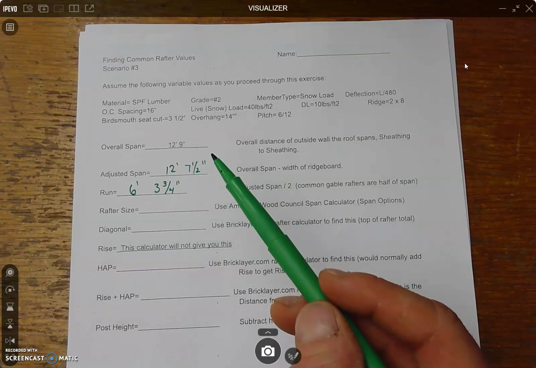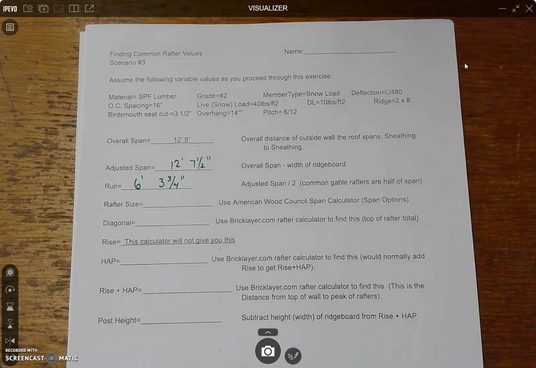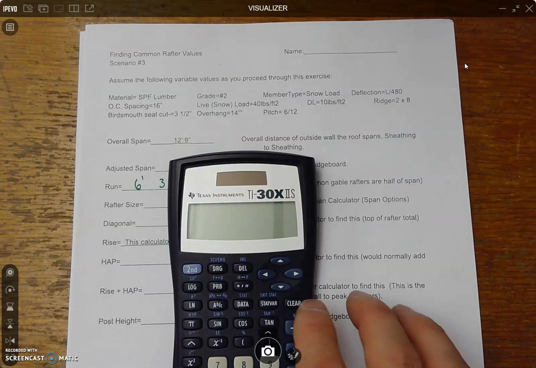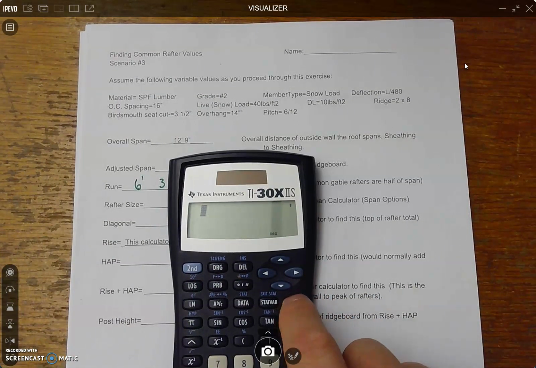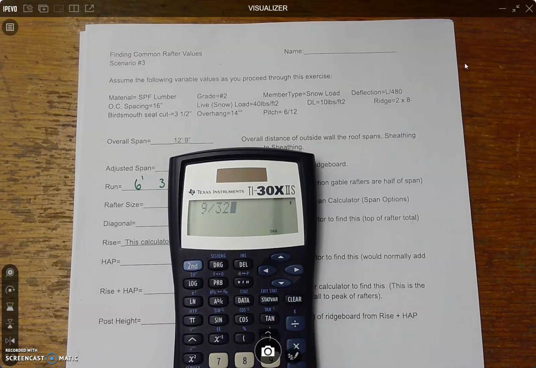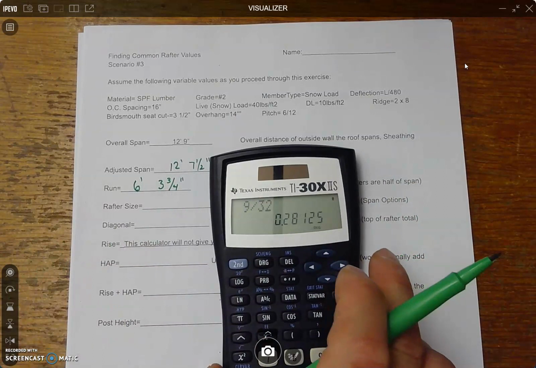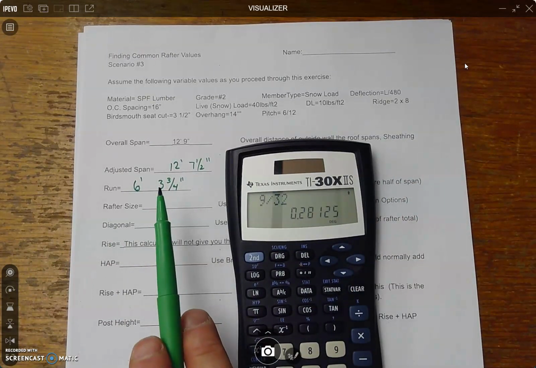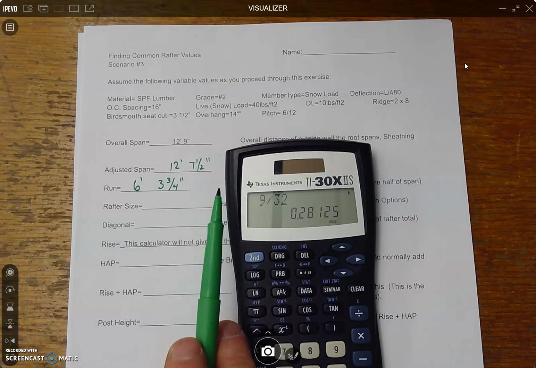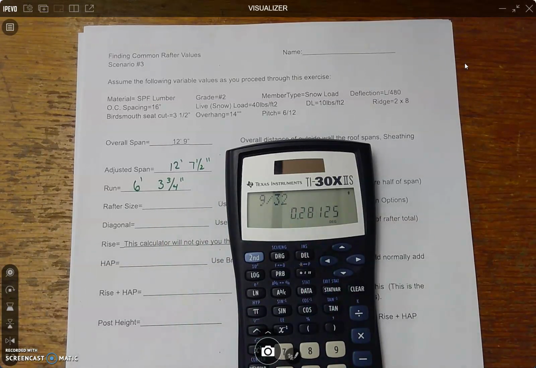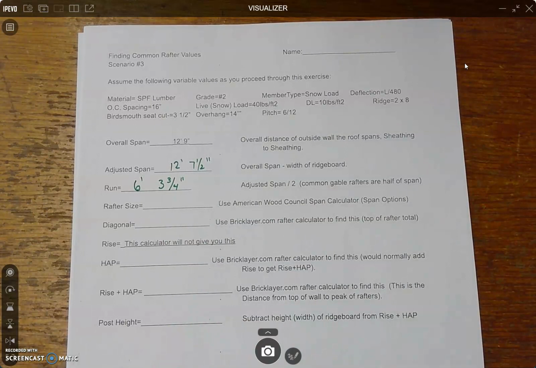So 9/32: if you want to know what that is in decimal form, take a calculator like this, or on your phone, it doesn't matter where it comes from, and divide 9 by 32, and it gives you 0.28125. Then you would write that down. If this was 3 and 9/32, it would be 3.28125. I don't have an easier way for you at this point, and you have to be willing to do some of this stuff.